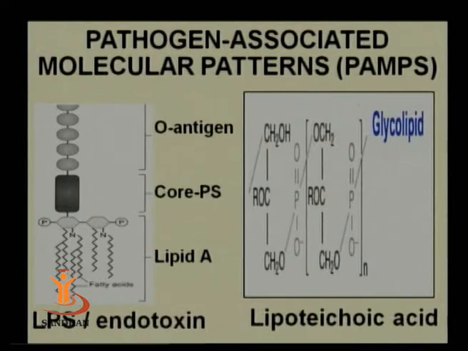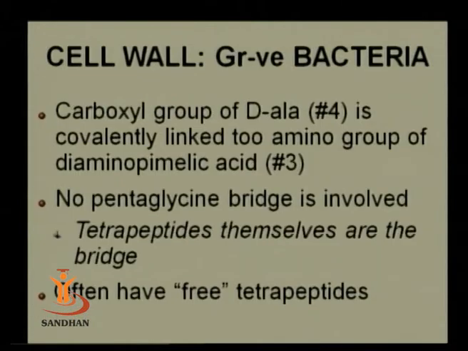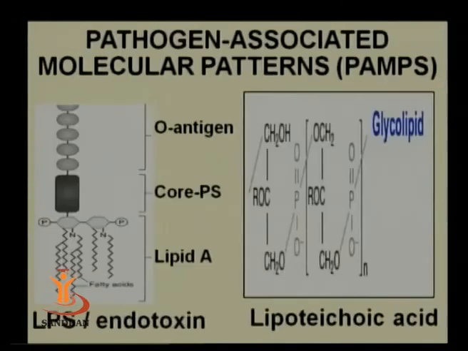Now these PAMPs are sometimes even called MAMPs. The reason is that it's not only the pathogenic microorganisms which carry them; even the non-pathogenic microorganisms do, though they are not pathogenic. So we call them MAMPs, that is microbe associated molecular patterns. So what happens when the body comes in contact with such unique molecules?